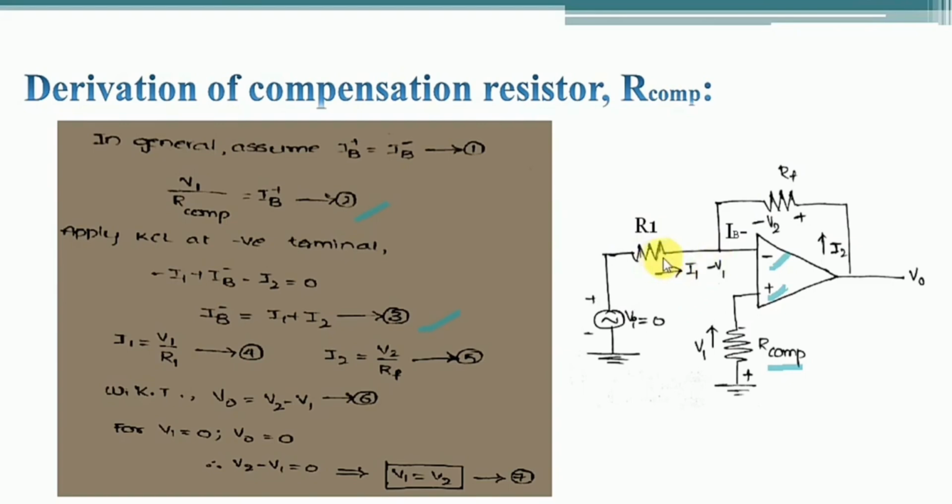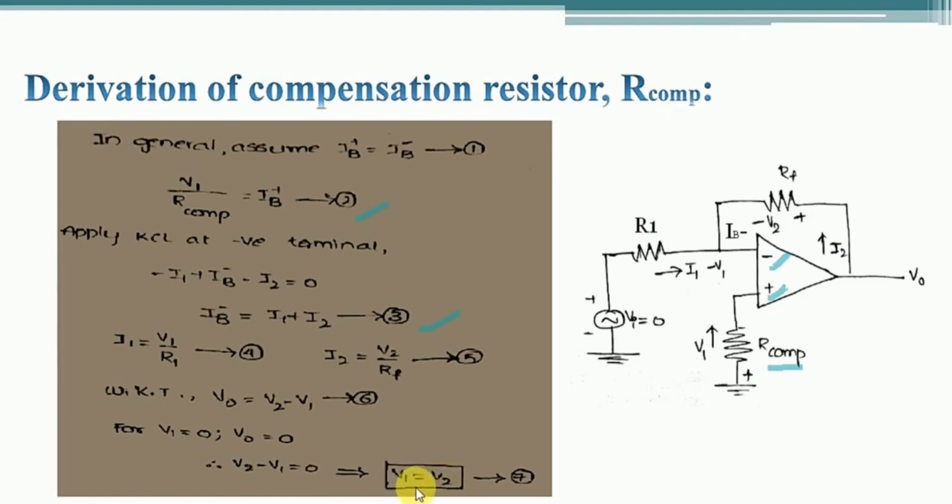And also we know that V0 is V2 minus V1, already defined in the previous slide. So for the input signal Vi is 0, the V0 value must be 0. By assuming that condition, we can prove that V1 and V2 will be equal.